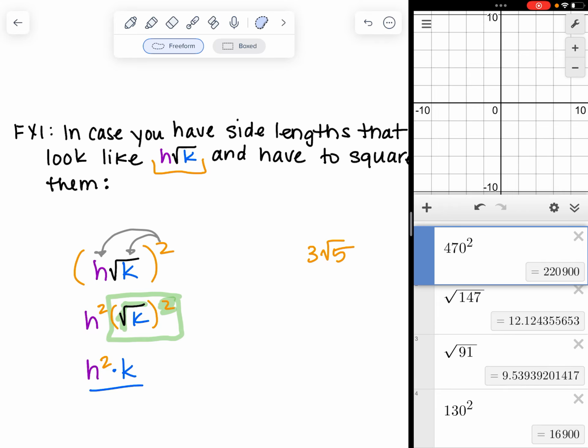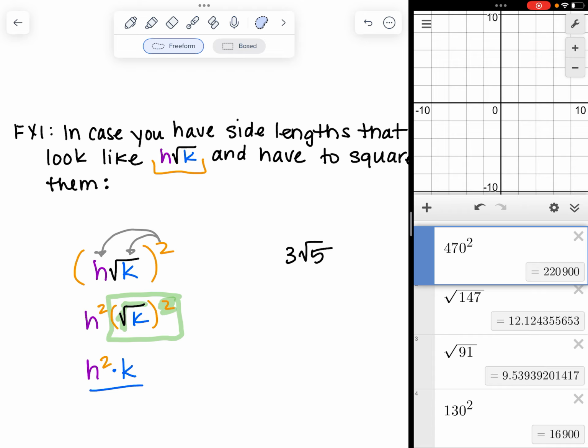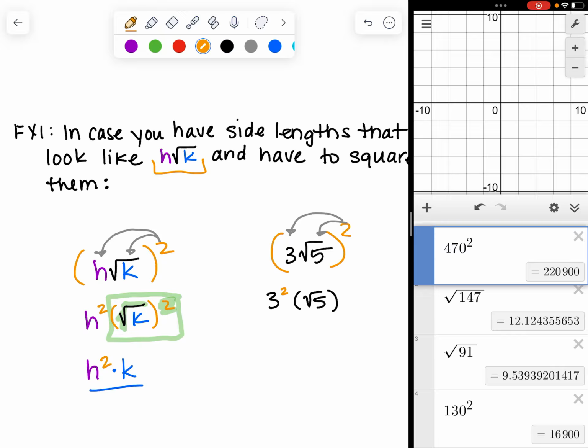Okay, so let's try it with this one. So if I need to square this, let's say that was my c and I need c squared. I'm going to bring that exponent into both pieces. So it's going to be 3 squared times the square root of 5 squared.